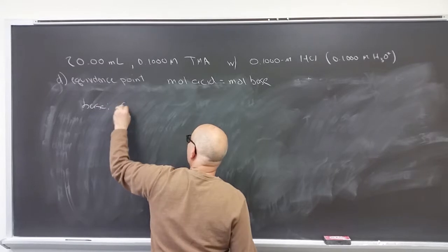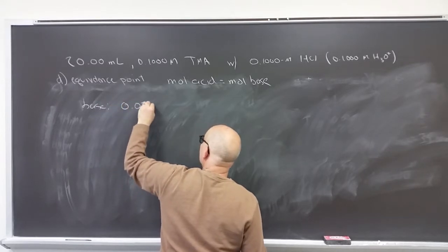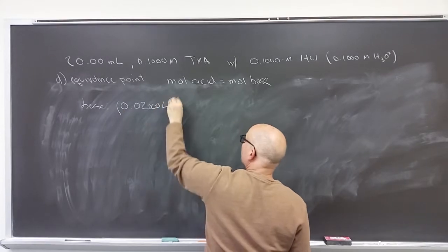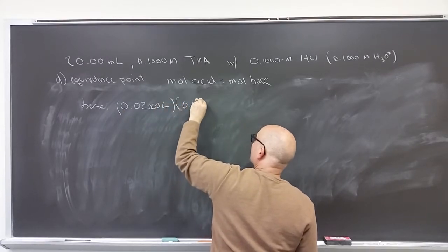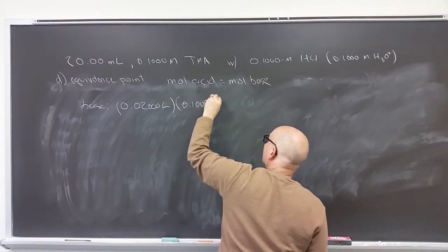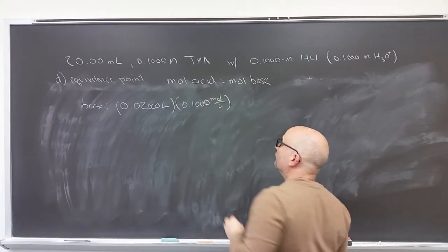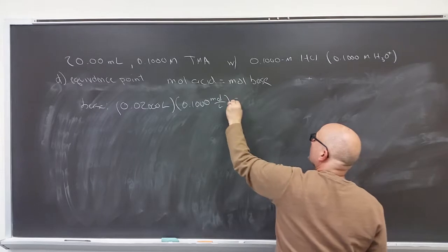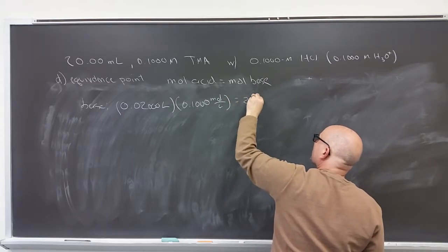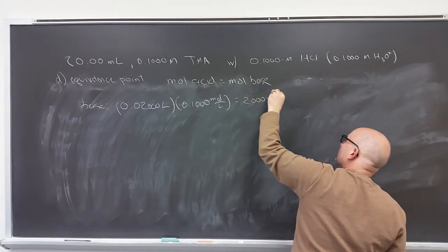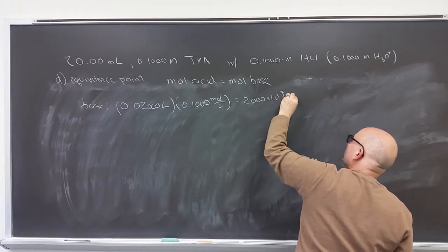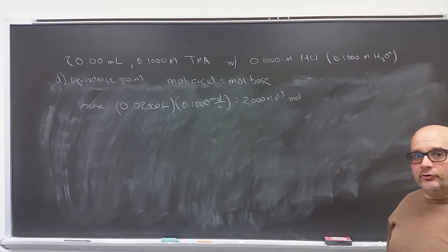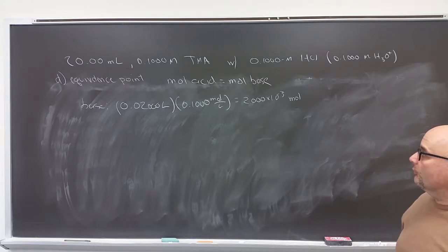So for the base, we initially had 0.02 liters, 20 milliliters, with a concentration of 1/10 mole per liter. Which means that we had 2 millimoles, or 2 times 10 to the negative 3 moles of the trimethylamine.